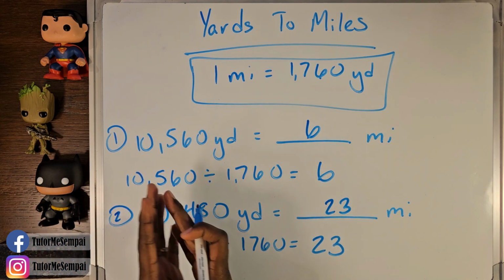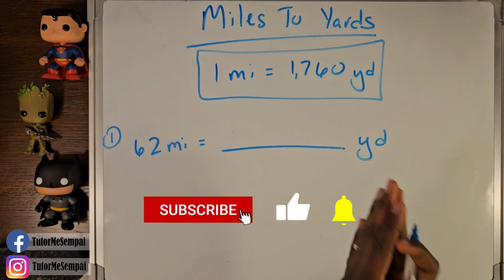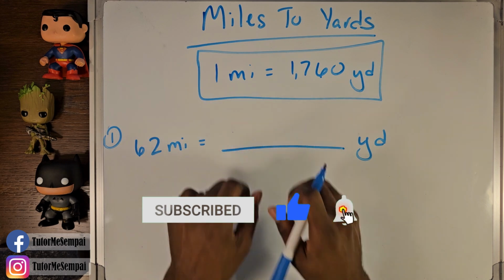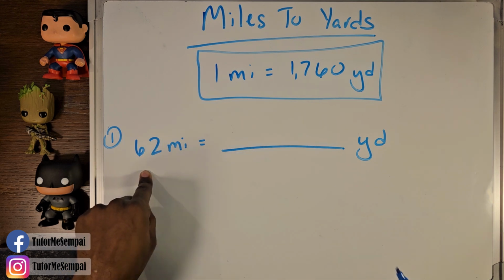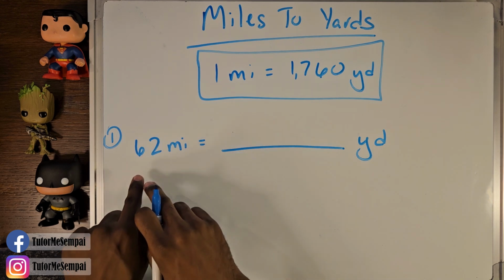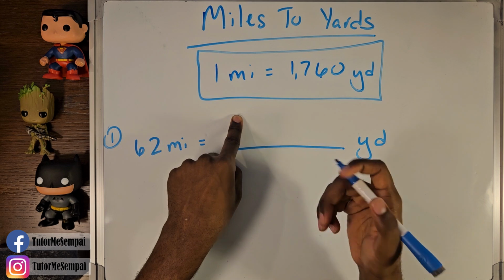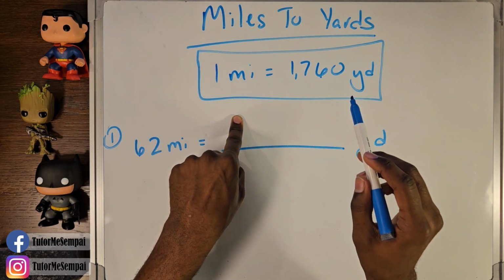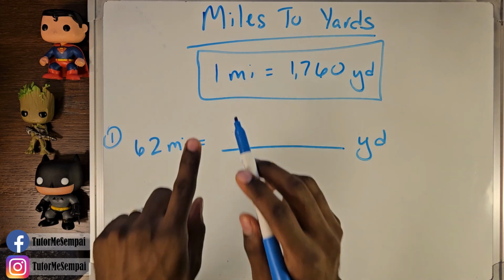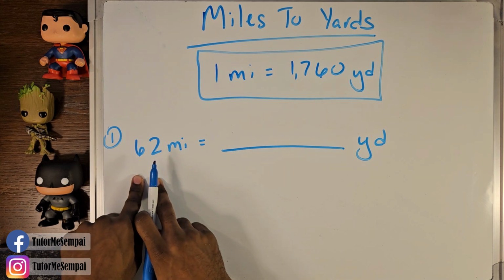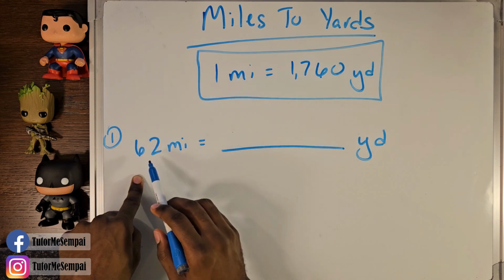So now that we've converted our yards to miles, let's go back from miles to yards. Now we want to convert our miles back to yards, and we're still going to use our basic unit conversion to do so. So let's say we have 62 miles, and we're going to figure out how many yards we have when we have this amount of miles. Well, let's look back at our basic unit conversion. This tells us that every mile is going to equal 1,760. You have 1,760 yards for every mile. We have 62 miles here. So we want 62 times this amount. If every mile is this, we want 62 of them, right?